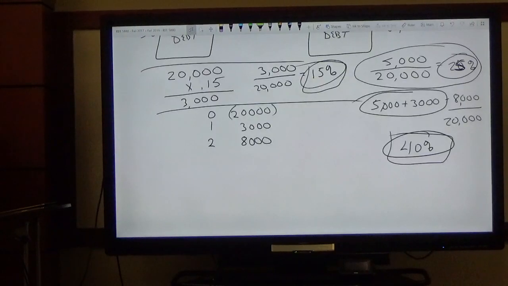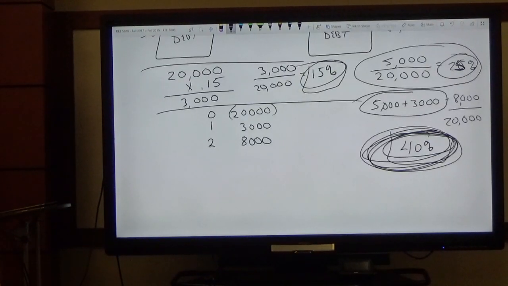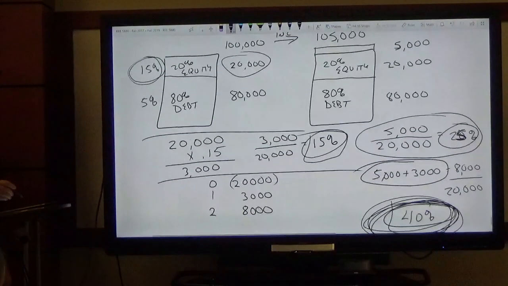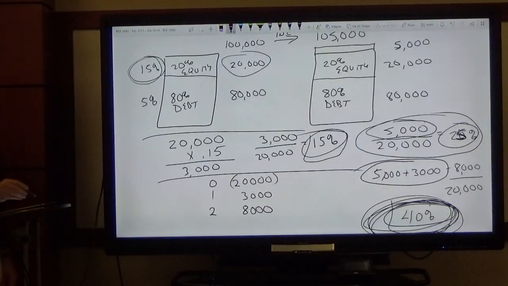All I'm really wanting you to be able to do is to say, okay, how do we come up with basically this overall return on our equity for that second year? Okay, so you've got to take the return from the first year, add it to the return from the second year, plus, you've got to take into account, once again, the additional $5,000 gain off of the value increase. So you're just taking the capital appreciation.